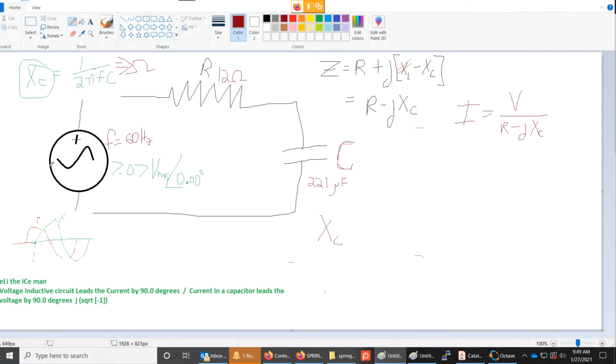And so therefore, now we can calculate the reactance, which is going to be 1 over 2 times pi times 60 hertz, which is 377. I already calculated that earlier, but I don't know how it came through because of the mic issues, times the 221, times 10 to the minus 6.